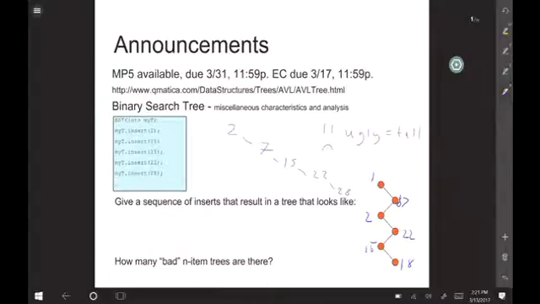If I tell you there are an arbitrary number of elements in a tree, what I want to know from you is how many bad ones are there? That is, how many trees are there that are as tall as possible?